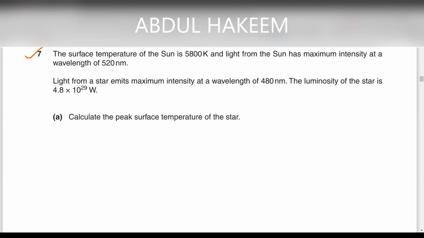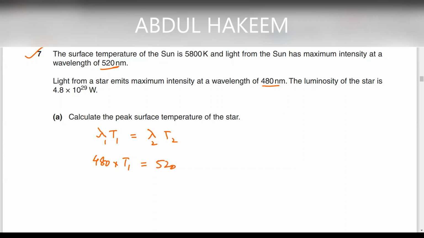So according to Wien's displacement law, lambda 1 T1 is equal to lambda 2 T2. Here the peak surface temperature is required for the wavelength 480. So 480 times T1, and this wavelength is 520, definitely 10 power minus 9.